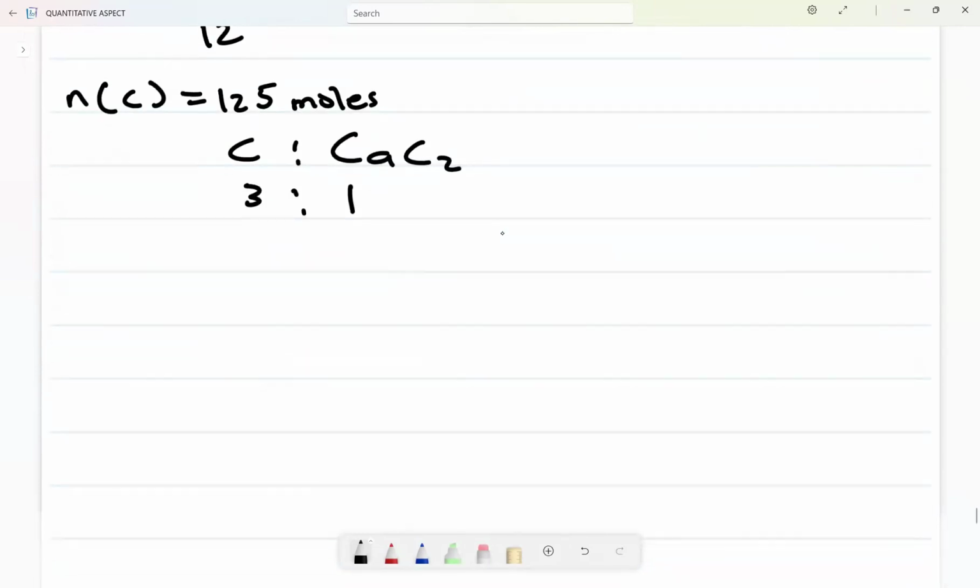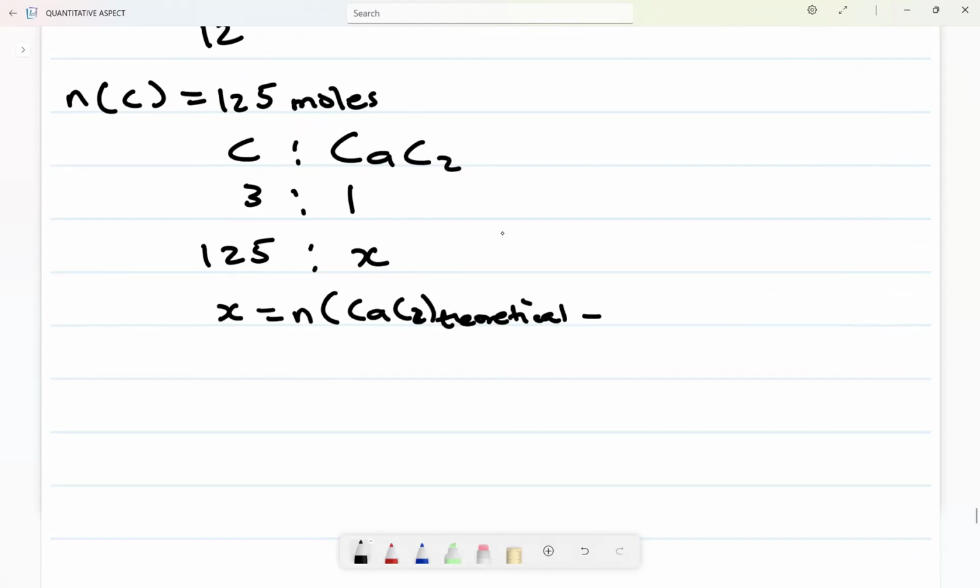And then the number of moles of carbon is 125. So 3x = 125, and x, which is the number of moles of calcium carbide theoretical, is equal to 125 divided by 3, something like 41.667, or let's say 41.67.